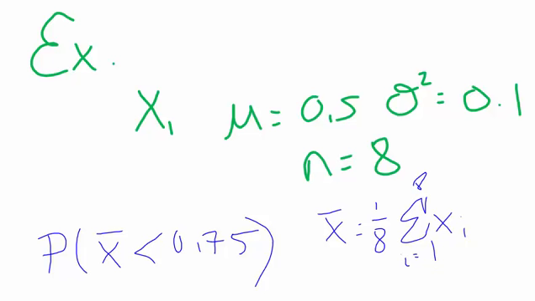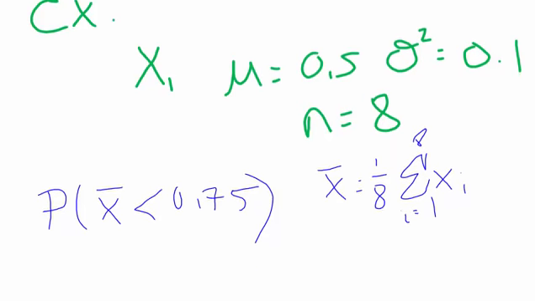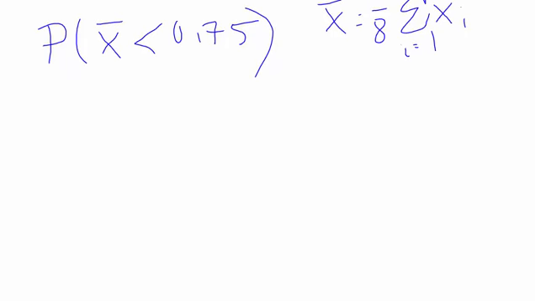In order to find that probability, we go back to some of the things we've already been doing in the past, but now we're going to use terms of the central limit theorem. So instead of using mu, we're going to use mu of x bar, and the variance of x bar. So what we need to do is solve for those values.